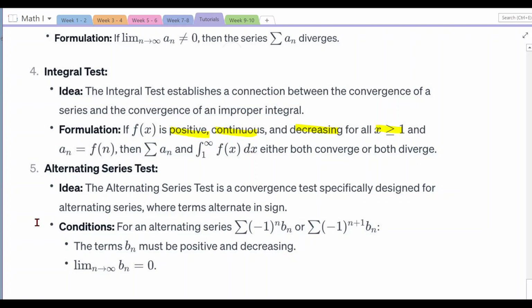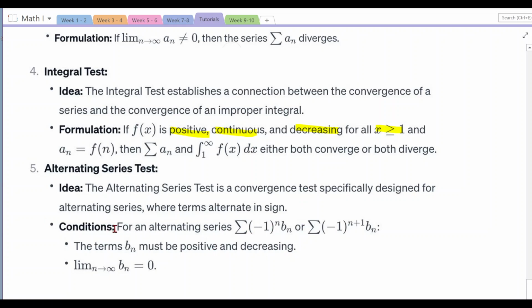The next type of test is called the alternating series test. This is specific for alternating series, a convergence test specifically designed for series where the terms alternate in sign, positive, negative, and so on.